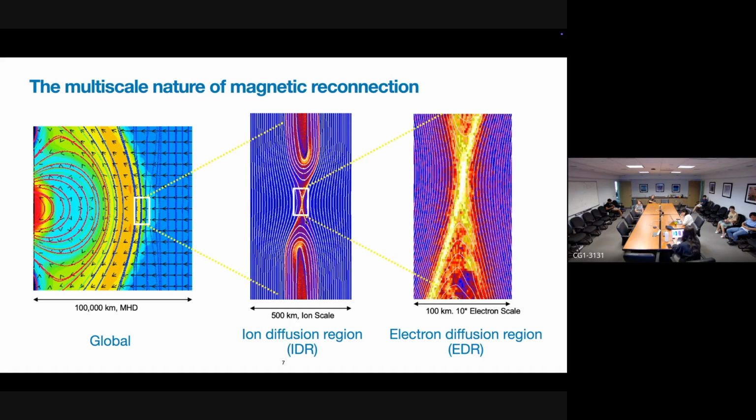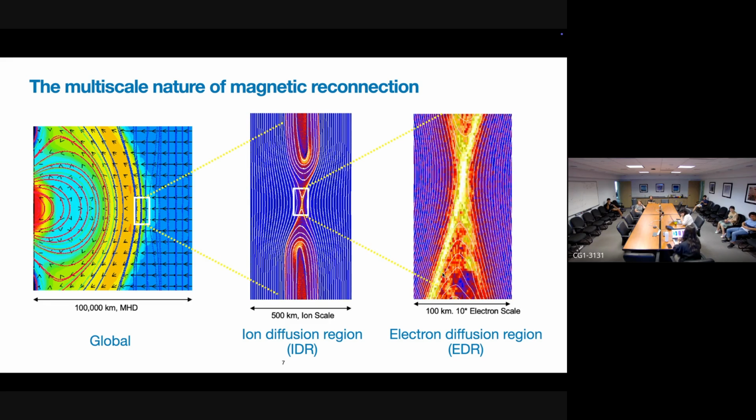But when we're looking at the ion diffusion region, it becomes a region of only hundreds of kilometers. And the electron diffusion region, which is the very center of reconnection, is even smaller, smaller than 100 kilometers. That makes it very difficult for us to study the center of reconnection, the diffusion region, and also very challenging to study the coupling of all these different scales.